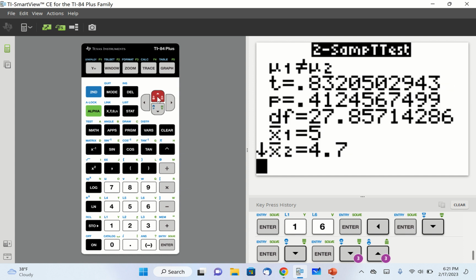Okay, so going back up again, you can use this information, the t-score or the p-value, to write up a decision and a conclusion for your hypothesis test problem. So in this case, the p-value of 0.4125 being so large, we do not reject the null. And so that's how you test for two independent population means with their population standard deviations unknown on the TI-84.